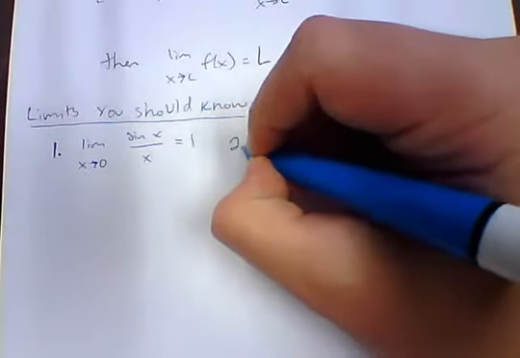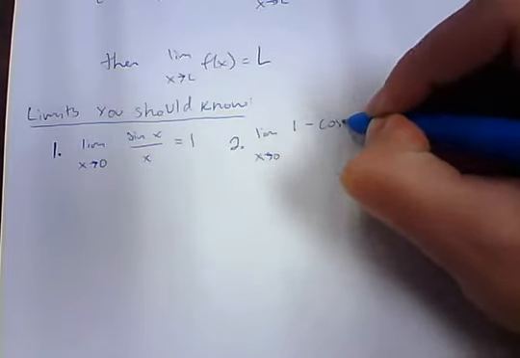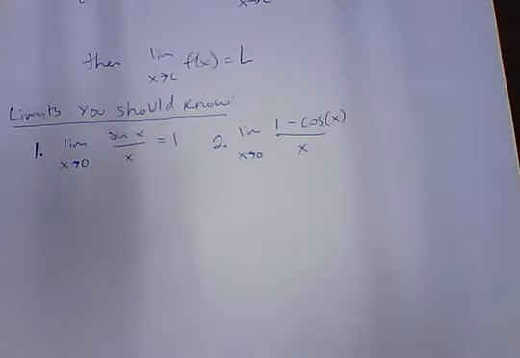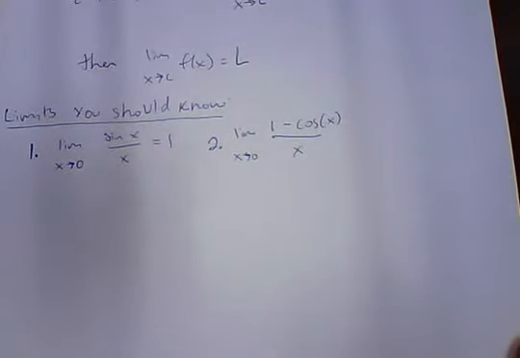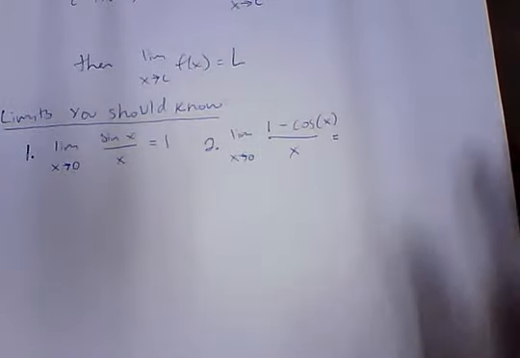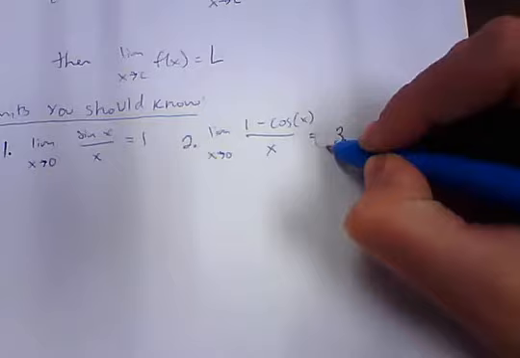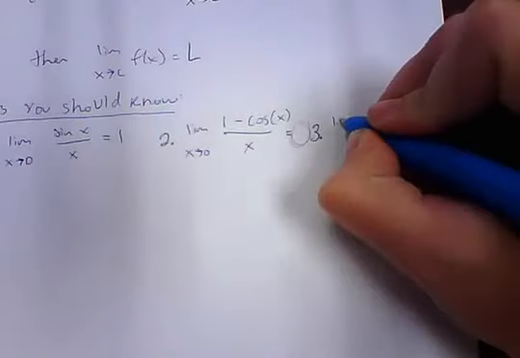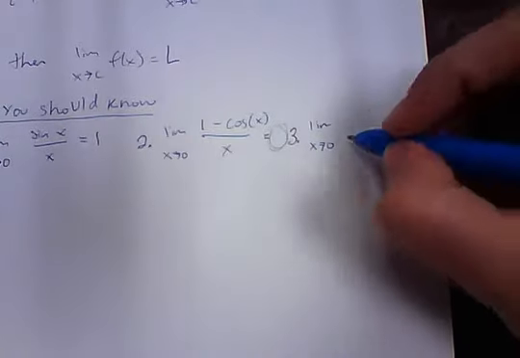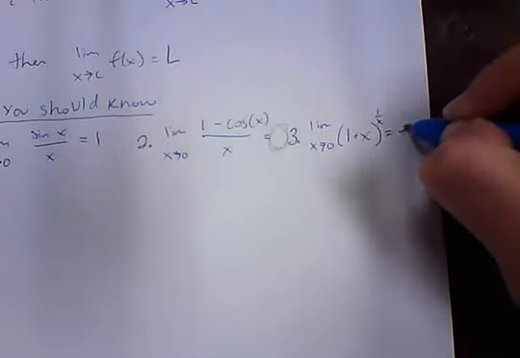The second one you should know is that the limit as x approaches 0 for 1 minus cosine of x all over x equals, oh, I forgot to write that one down. We'll come back to that in a second. The third one, we'll fill that in. Just write a little box there for now. As the limit as x approaches 0 for 1 plus x to the 1 over x equals e.